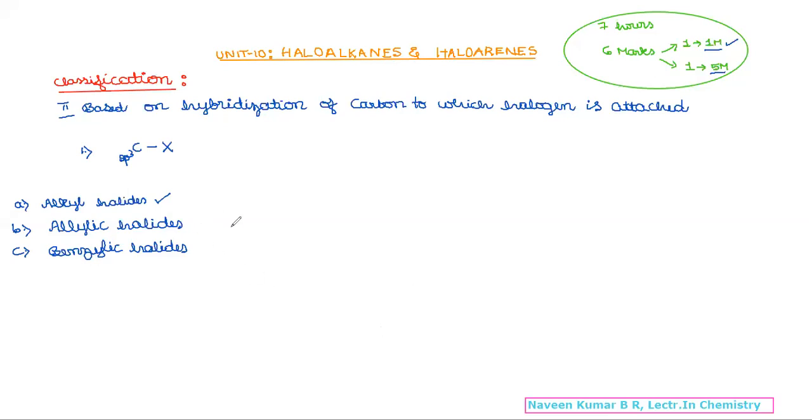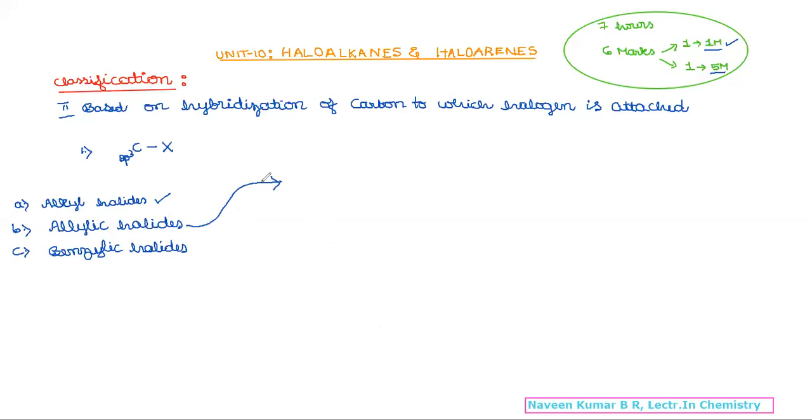Now we'll start with the second type under sp3 hybridized carbon atom. It is allylic halides. Again, a very simple and very important type to understand. Allylic halides are those in which the halogen attached carbon atom is sp3, but there is a condition.